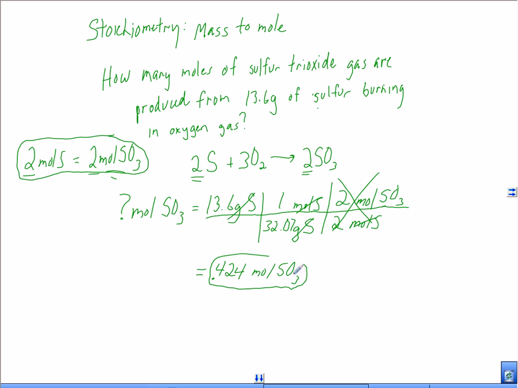So in a sense what that means is if I wanted to find how many moles of sulfur trioxide are produced from this given amount of grams, I'm going to get 0.424 moles of sulfur trioxide. And that is your standard grams or mass to mole stoichiometry problem.